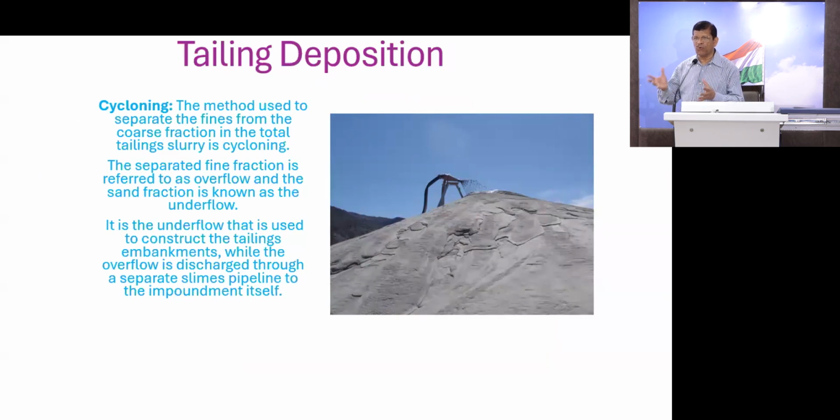So the coarse material goes close to the crest, while the fines go further into the pond. And we always try to maintain a beach. Whether it is upstream, downstream or central line, the beach will always be helpful.